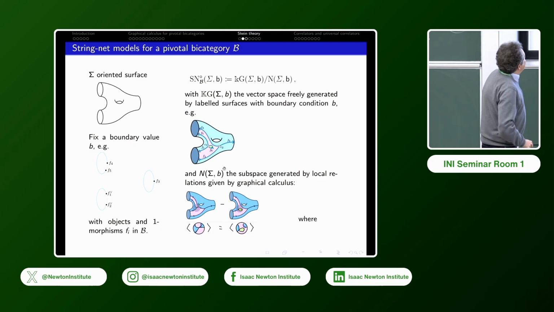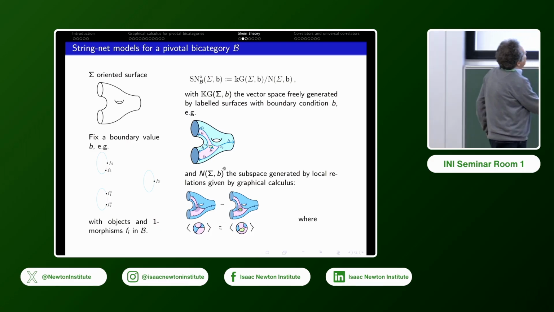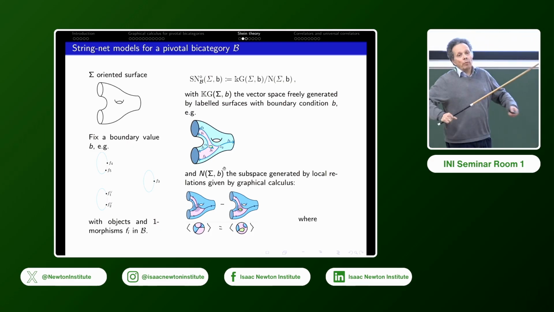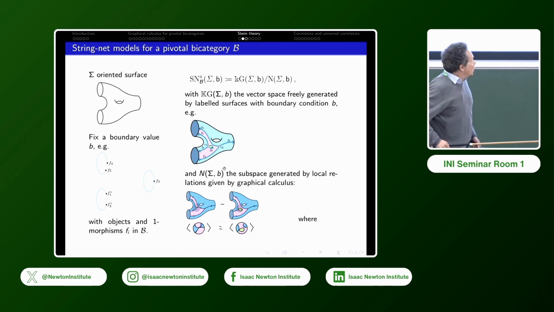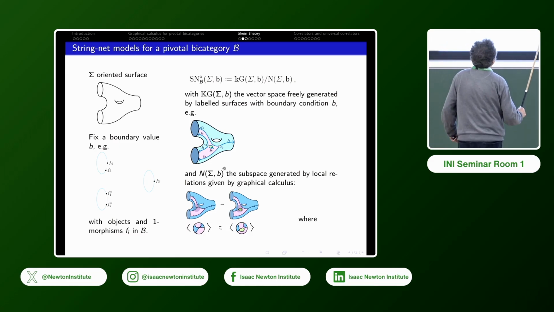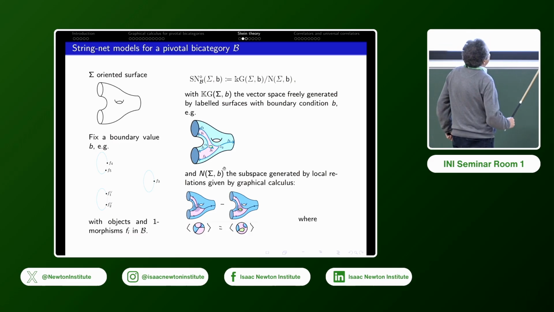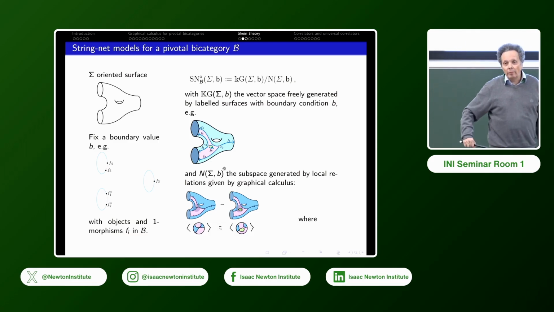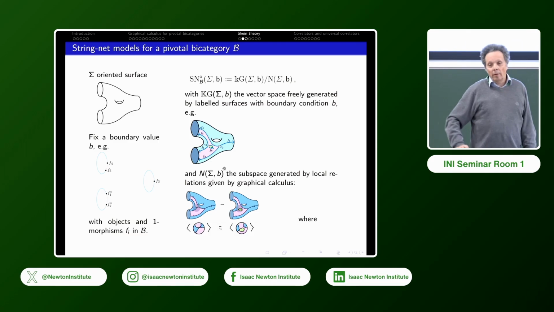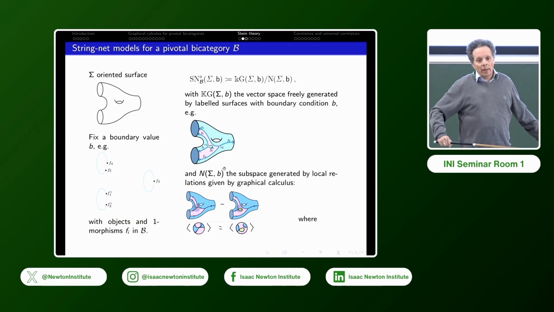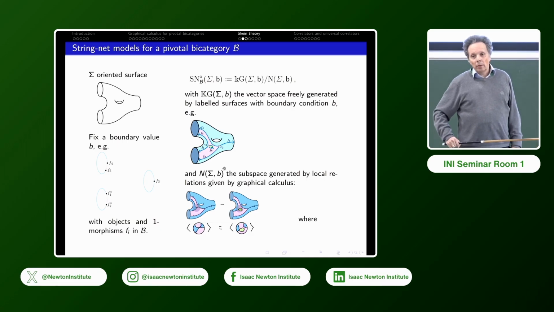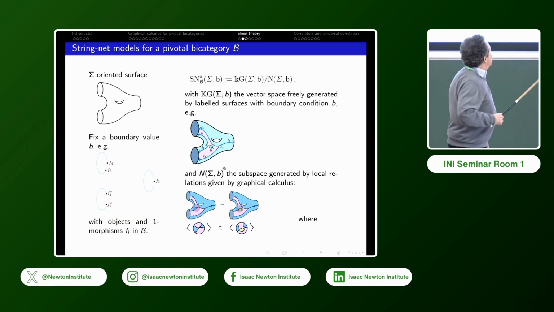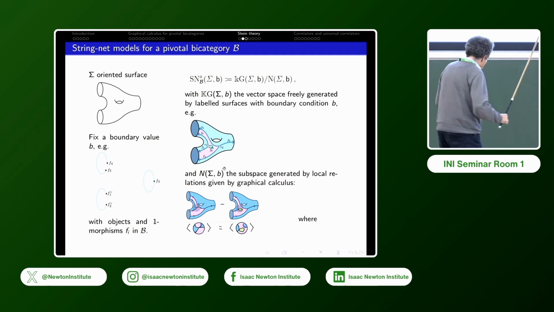And then we take the vector space, which is freely generated, well, not by graphs, but by graphs which are colored, where the faces are colored, and then we mod out by local relations. If you've seen the Levin-Wen string-net models, this is the Levin-Wen string-net model, but just done for a bi-category. So we allow colors to the surfaces.